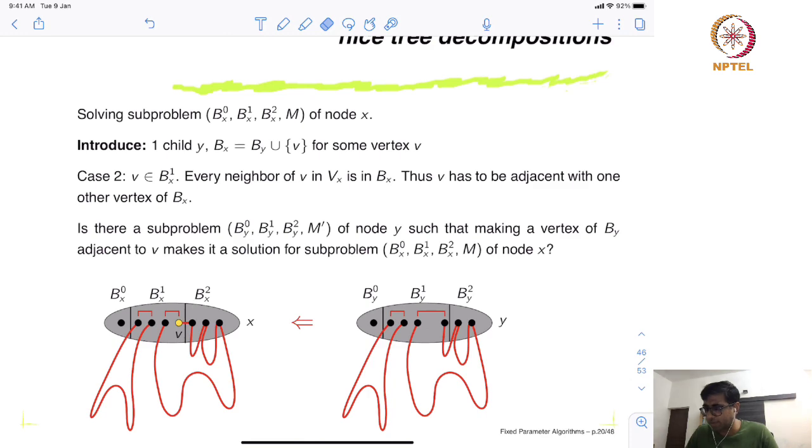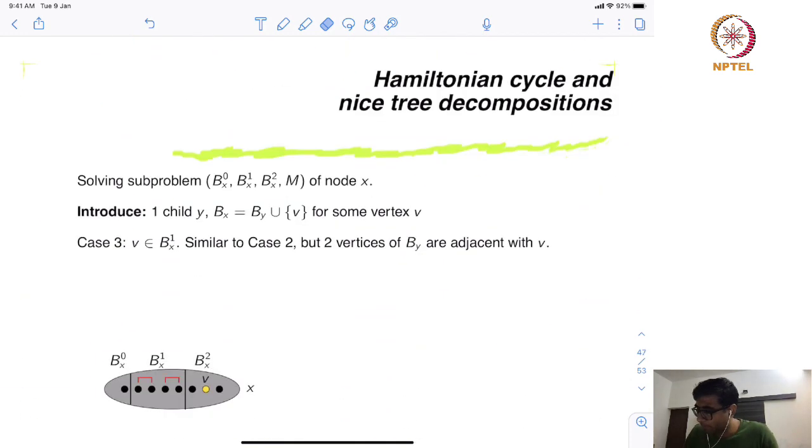Have a look at these. The slides are properly done. It should help you. So the bad case was when this was degree 1, and V is in B1x.